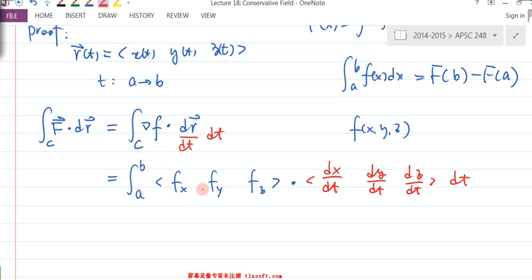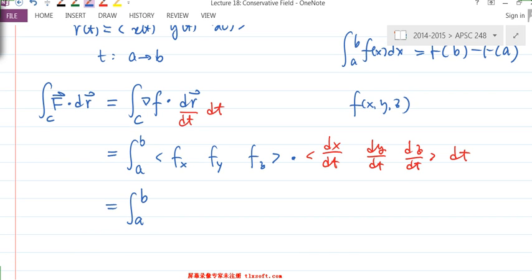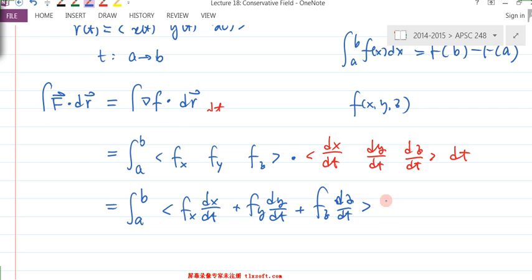Okay, so let's carry out this integral. Dot product, so multiply them together. So what do we get? We get fx dx over dt plus fy dy over dt plus fz dz over dt, times dt.